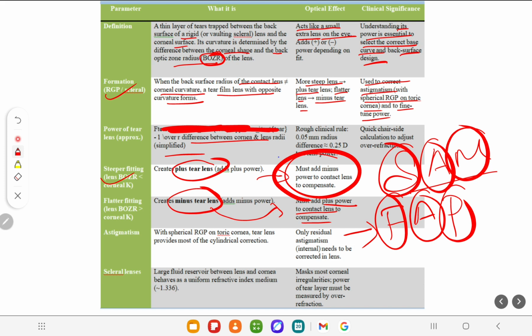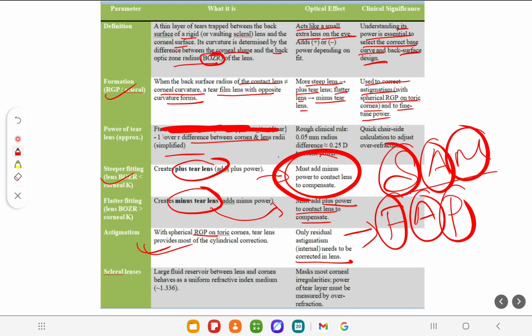Okay, so for astigmatism with a spherical RGP on a toric cornea, the tear lens provides most of the cylinder correction. That's very important. Just remember this: with a spherical RGP on a toric cornea, especially toric by front surface, only the residual astigmatism needs to be corrected by the lens, because the tear lens formed on the back side of the RGP lens will automatically correct about 90% of the front surface corneal astigmatism.